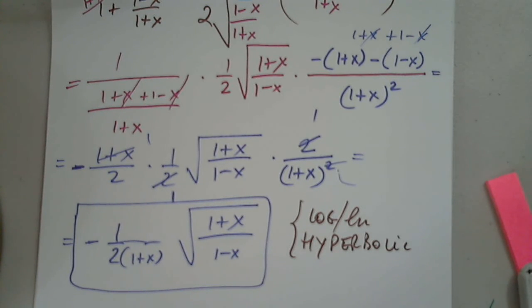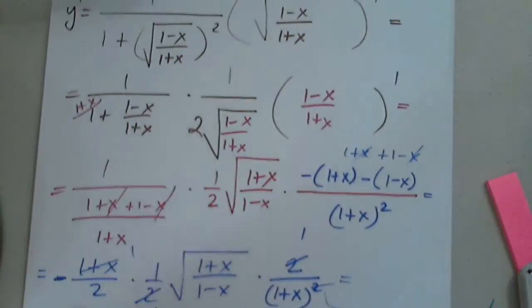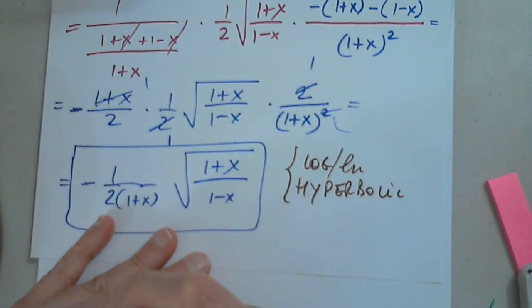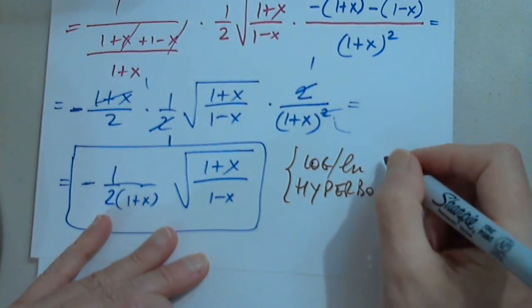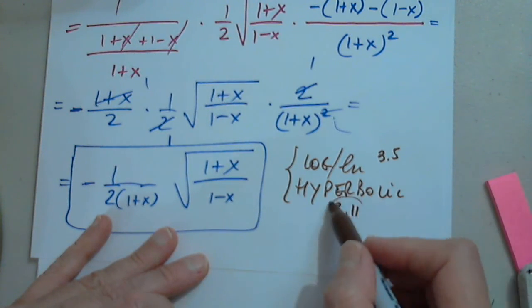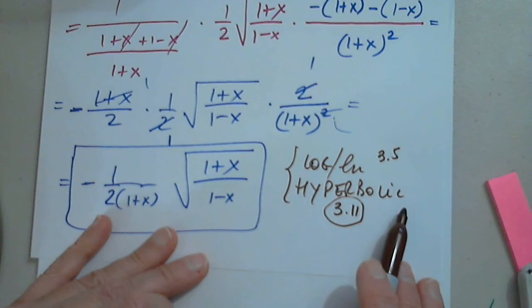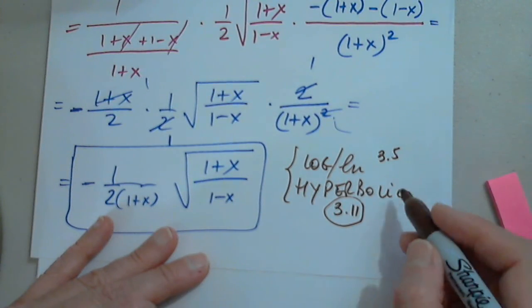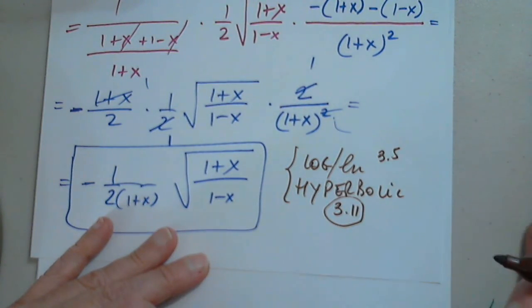Okay, so let's talk about the natural log and the hyperbolic functions. Now, hyperbolic functions, I just want to make sure. This is still in 3.5, but these will be in 3.11. I'm not skipping anything in between. There is only one section that we don't cover, which was covered in pre-calculus.